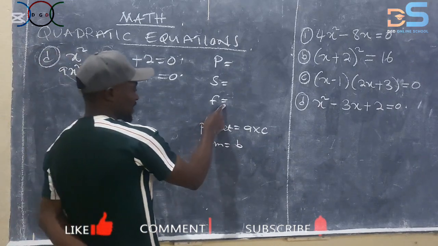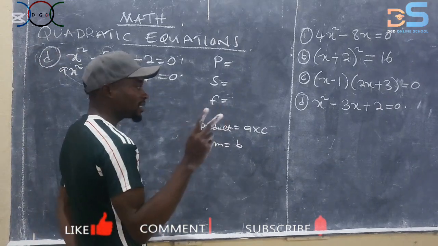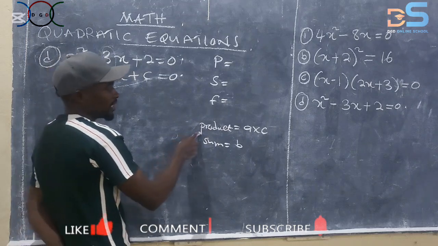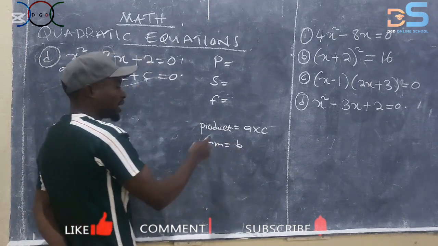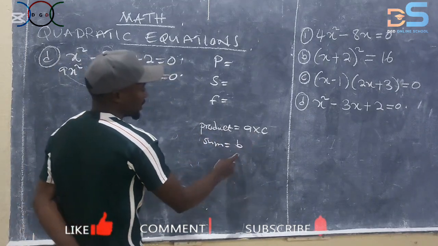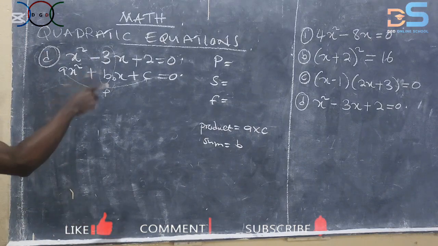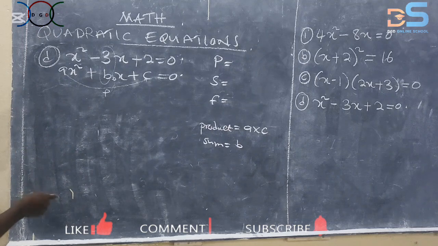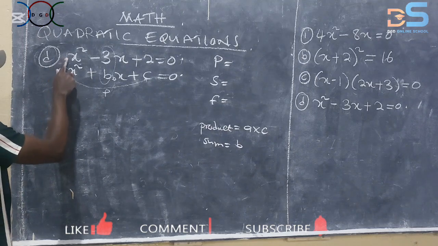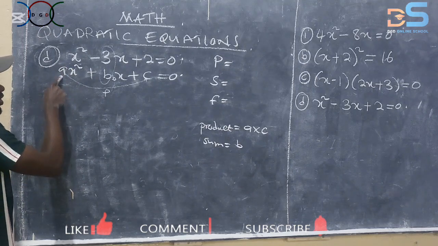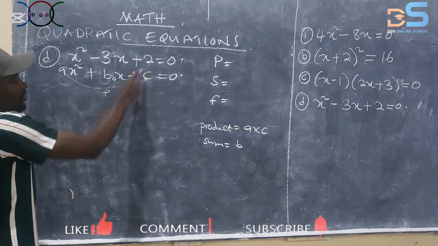And then for the factors, we need to look for two numbers such that when we multiply them, they give us the product. When we add them, they give us the sum. So from the question we have here, let's determine the product and the sum. The coefficient for our x squared is 1, which is our a, and our c is 2.